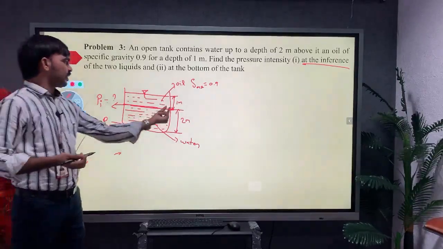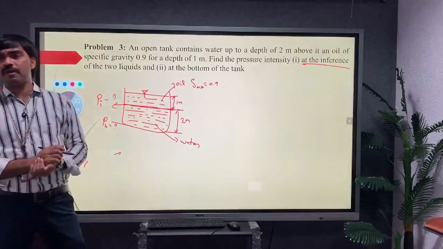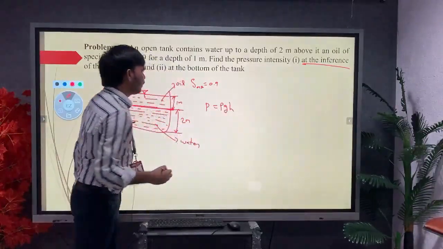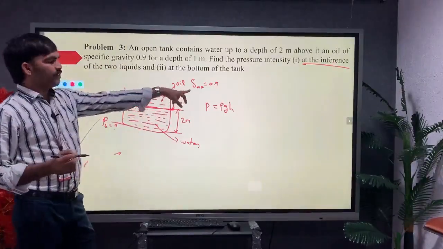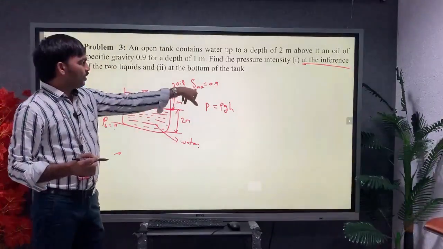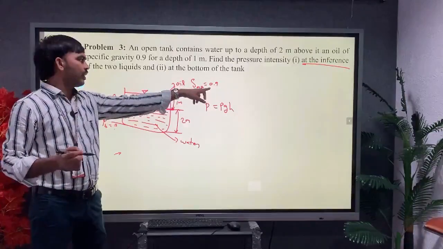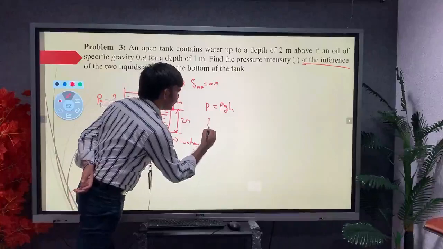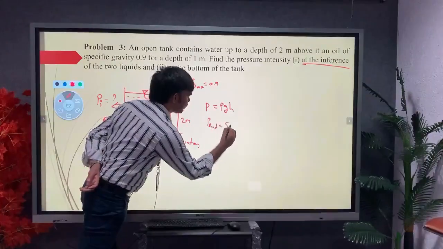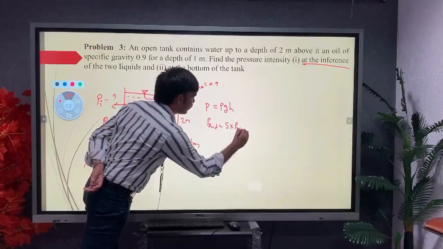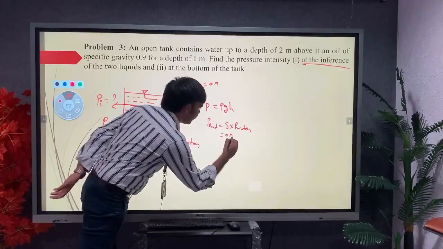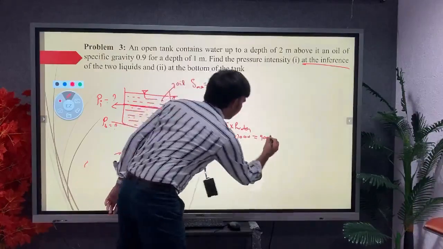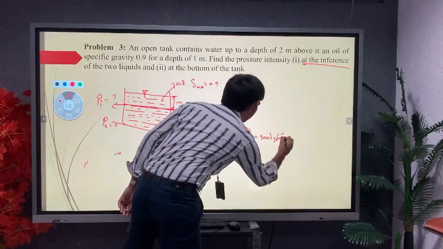First, try to find out here. What is the formula for pressure? We know P is equal to rho g h. Do we know the density? Already we calculated a similar problem. Specific gravity of the oil we know is 0.9. The density of the fluid is specific gravity into density of the water, that means 0.9 into 1000, that is 900 kg per meter cube.